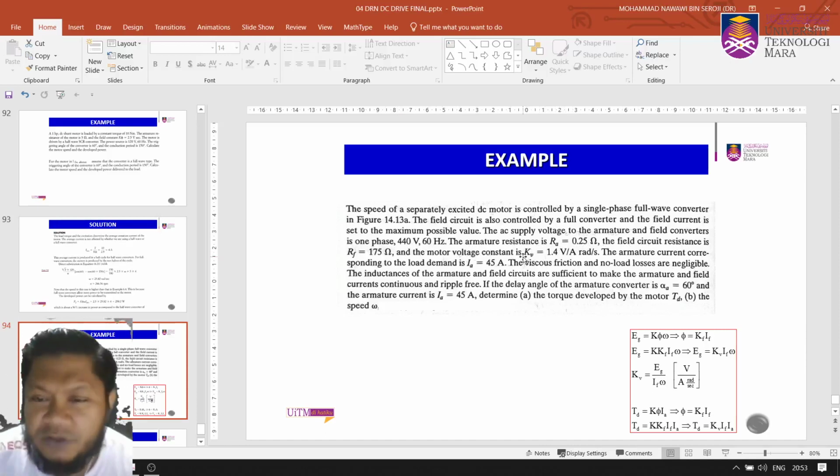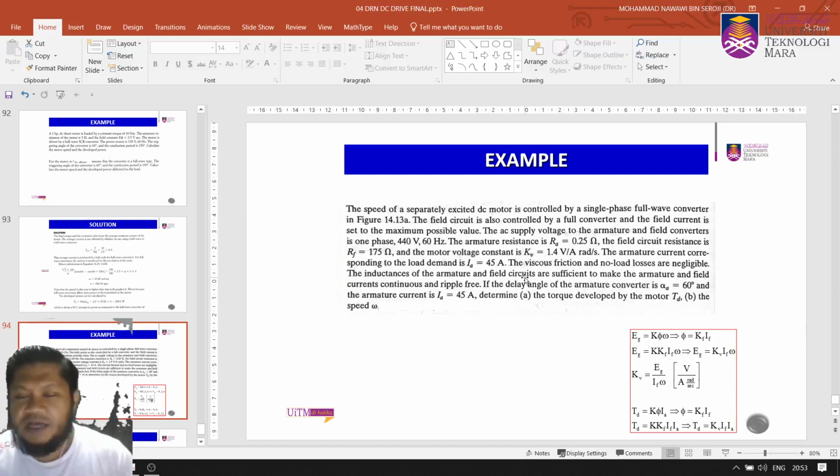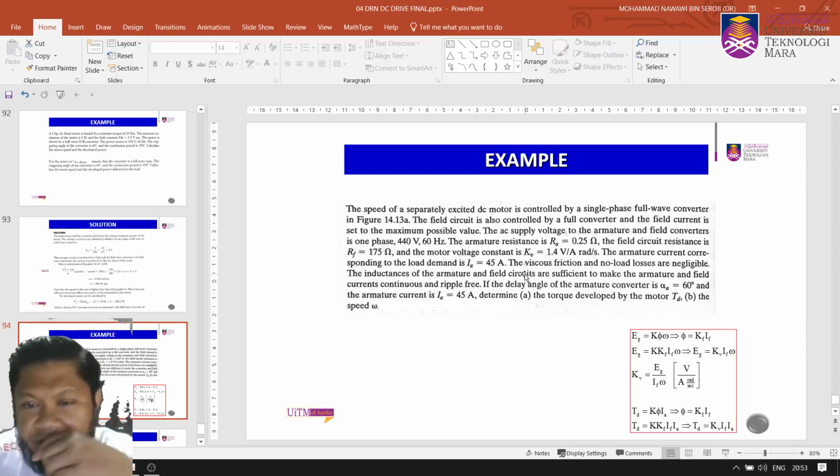Now, this is taken from a different book, and the motor voltage constant is kV. Now use a kV equal to 1.4 volt per ampere radian per second. The armature current corresponding to the load demand is 45 amp.